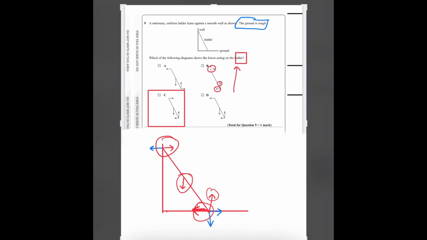In this scenario, the vertical components cancel out, but the horizontal component does not. So there is a resultant force in this direction in option D. So we can conclude that the correct answer to this question is C, since it shows the forces acting on the ladder, not on the ground.